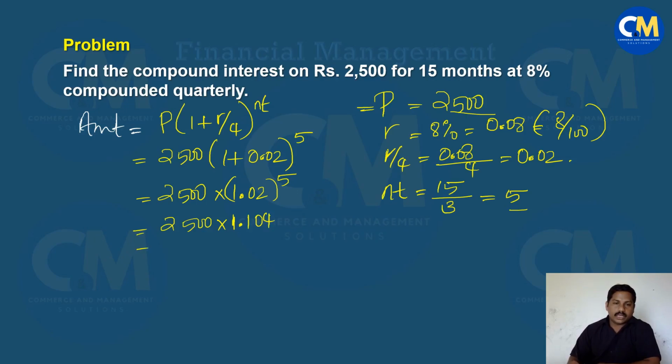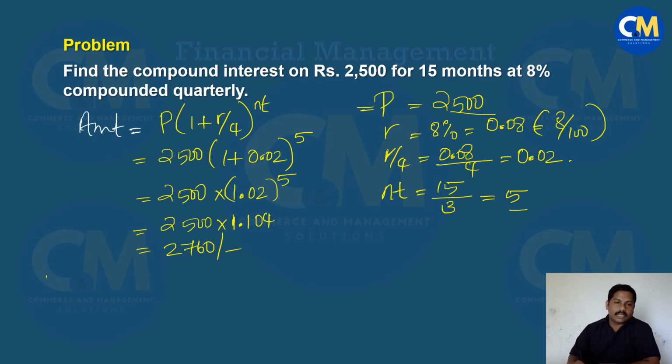So the amount is equal to 2,760 rupees. You will get 2,760 rupees if you get the compounded interest quarterly for 15 months. The total amount is 2,760.